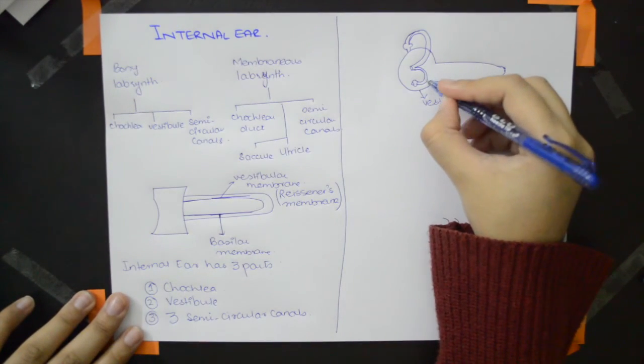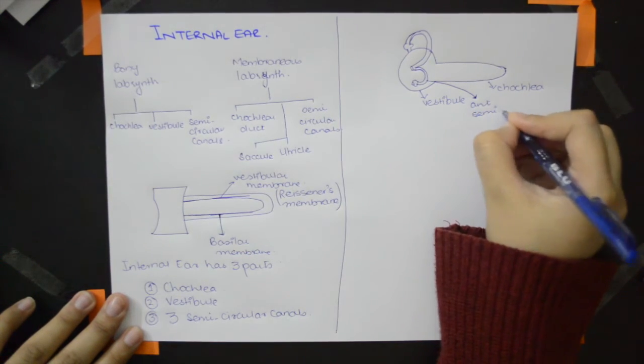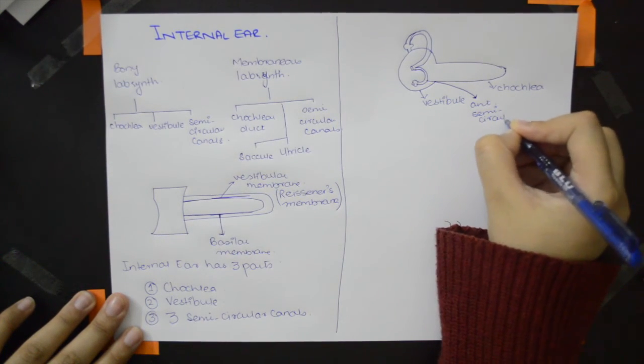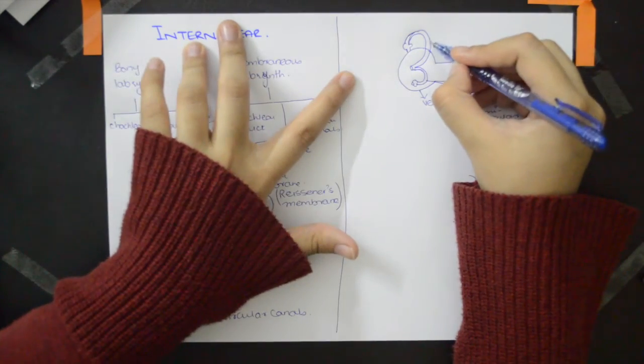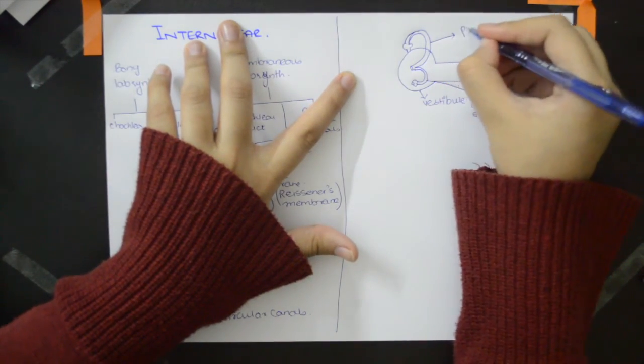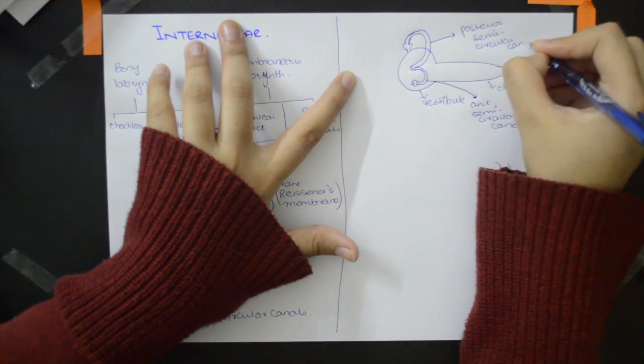This is the anterior semicircular canal and this is the posterior semicircular canal.